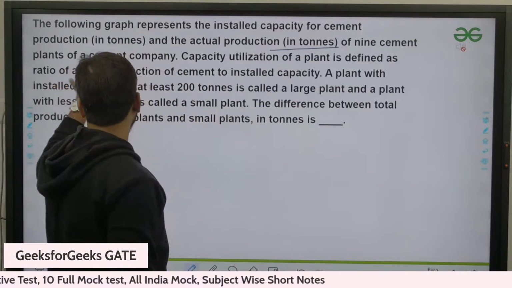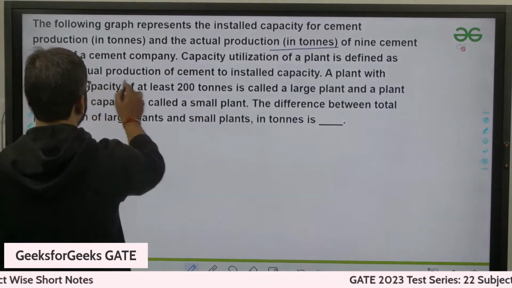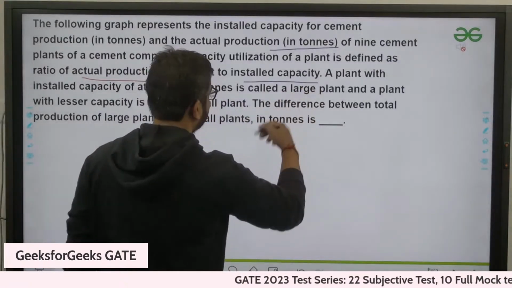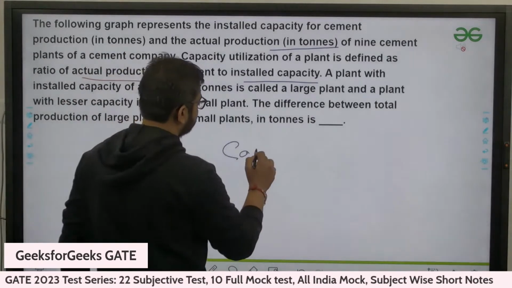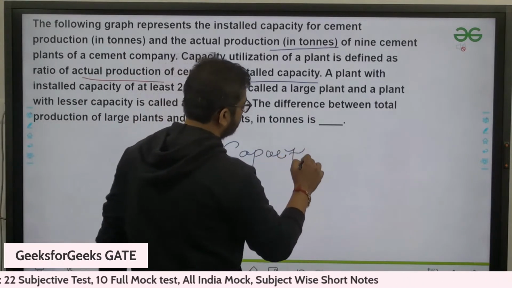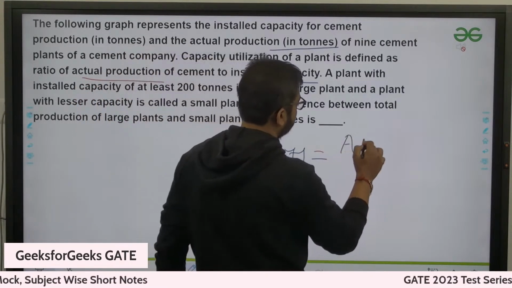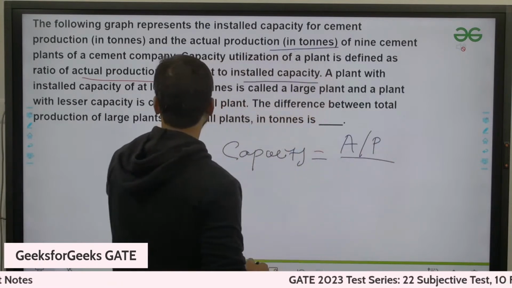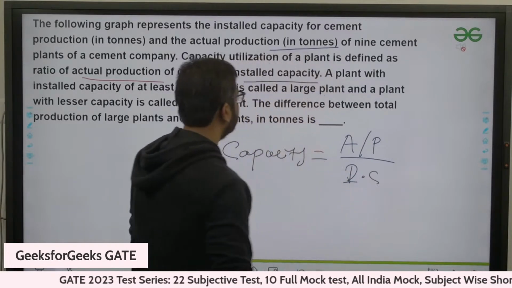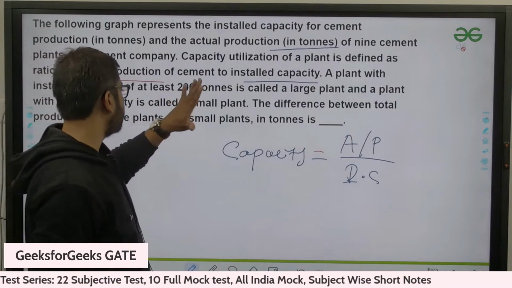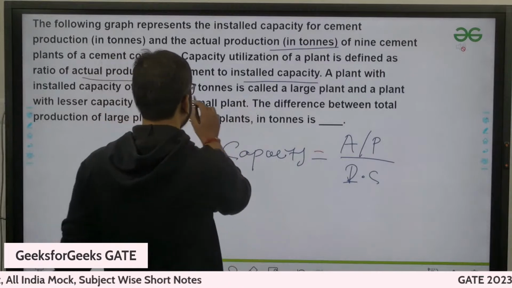Of the 9 cement plants of the cement company, capacity utilization of a plant is defined as the ratio of actual production to the installed capacity. A plant with an installed capacity of at least 200 tons is a large plant.